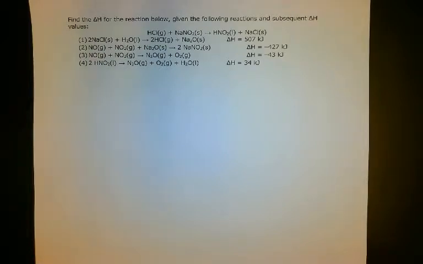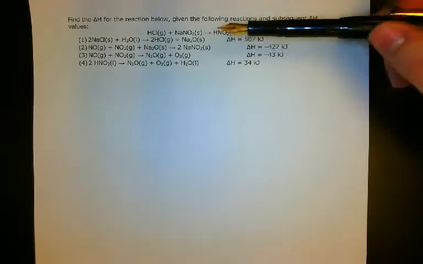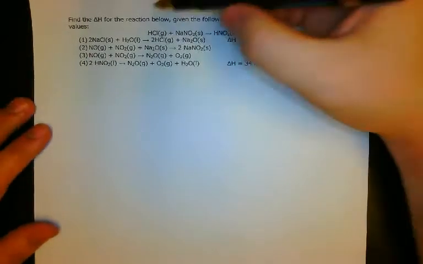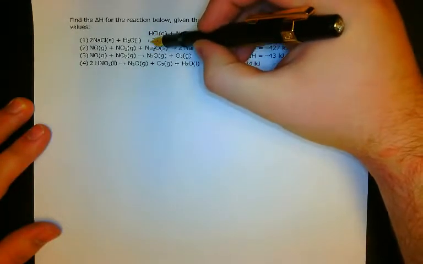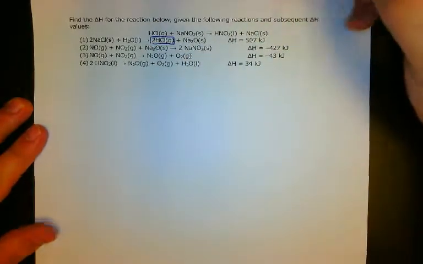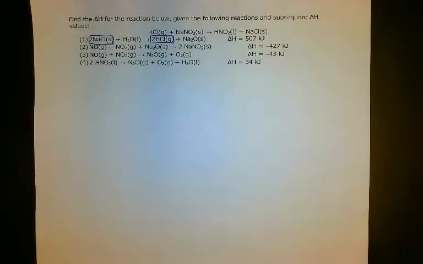So what I always do, step 1, is I locate everything that I need from the final balanced equation in my intermediate steps. In equation 1 here, what do I need for my final answer? HCl and NaCl. They're both right here. Equation 2 has what that I need for my final answer?